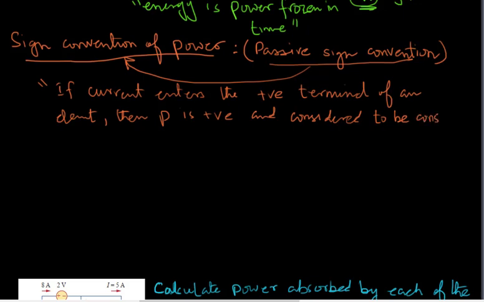Consumed means dissipated. The energy is actually destroyed by that element. It has eaten up all of its work capacity.